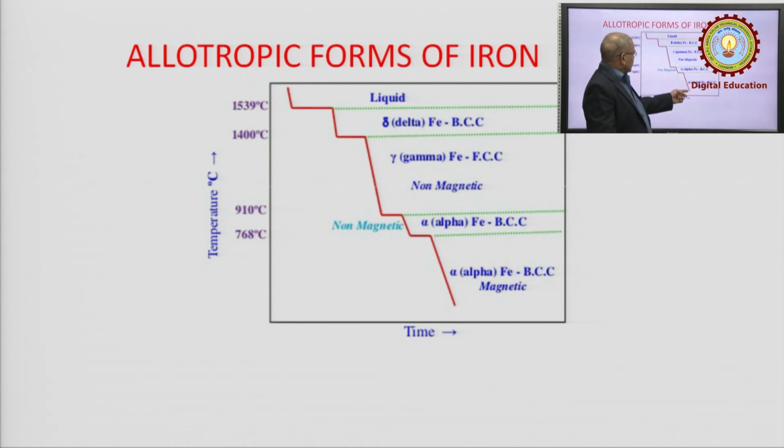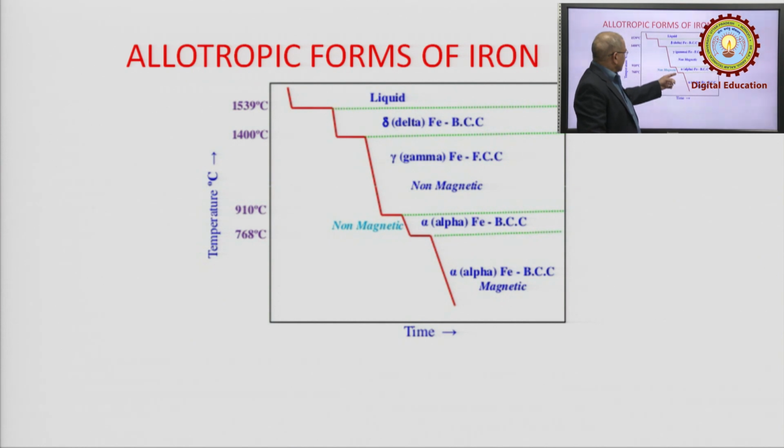Reverse of this, when you start heating it, you just turn it 180 degrees and it will look like this. Or you can understand it this way: if you start heating from room temperature and continue heating, you reach 768 degrees up to which the iron has magnetic characteristics. But when you continue heating, the heat gets into the material to bring some change, whereby the material turns from magnetic to non-magnetic, even though the crystal structure remains the same, body centered cubic, and this is referred to as alpha iron.